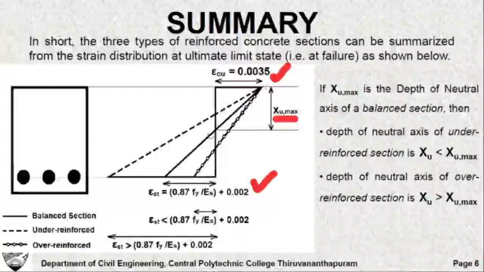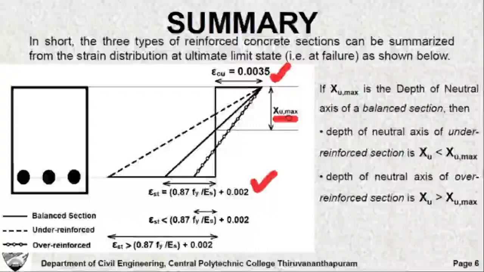You see the balanced section, this solid line changes from the compression side to the tension side at this point, and this distance is what is represented as XU max. This is the depth of neutral axis for a balanced section.